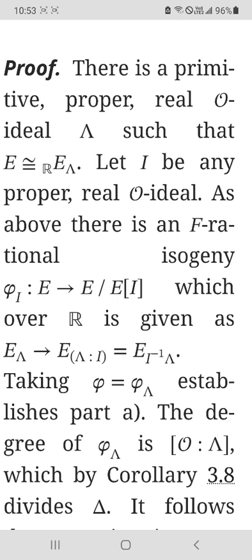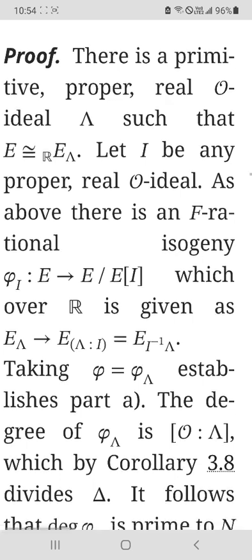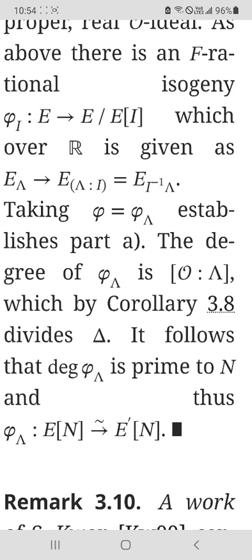Proof: there is a primitive proper real O-ideal Λ such that E is isomorphic to E_Λ. Let I be any proper real O-ideal. As above, there is an F-rational isogeny φ_I from E to E quotient by E[I], which over R is given by the map from E_Λ to E_{Λ:I}, which is equal to E_{I^{-1}Λ}. Taking φ equal to φ_Λ established in part A, the degree of φ_Λ is equal to the index of Λ inside O, which by Corollary 3.8 divides the discriminant.